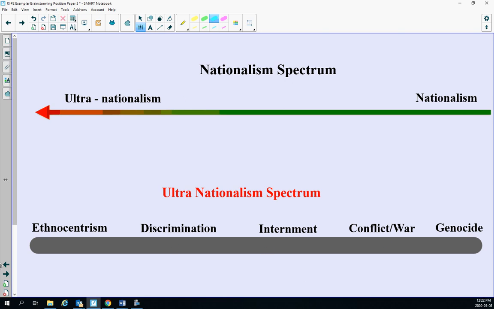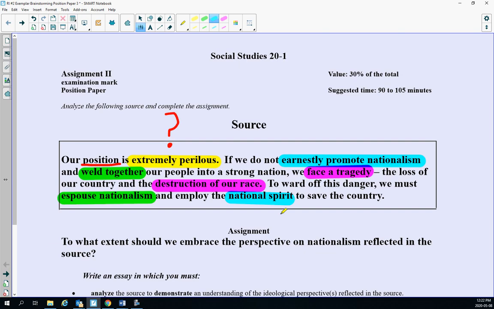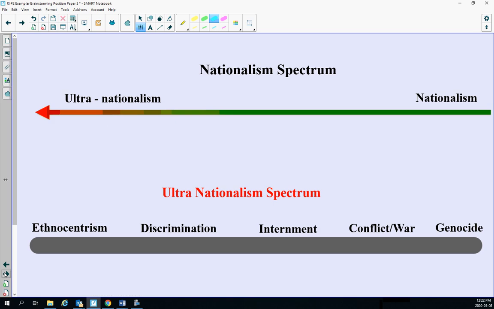So that source, if we go back to it again, this guy is promoting extreme nationalism. This guy is promoting ultranationalism. So this guy is in favor of an ultranationalist foreign policy. Based on historical evidence, do you think that he's right or do you think that he's wrong? Should we pursue ultranationalism or should we put the brakes on and not pursue it? Or maybe there's something in between that we could pursue.